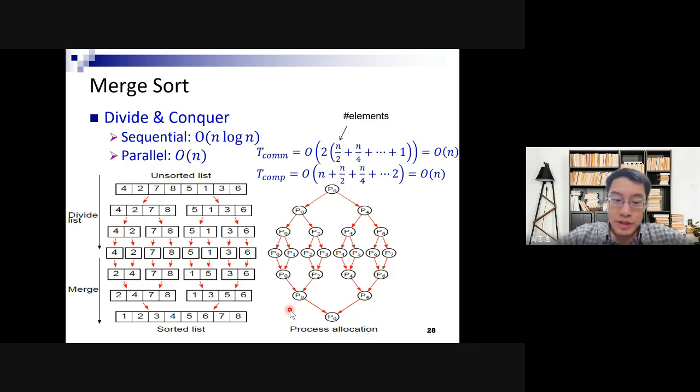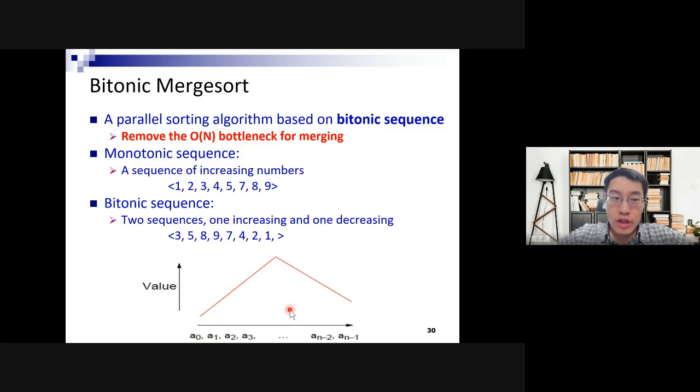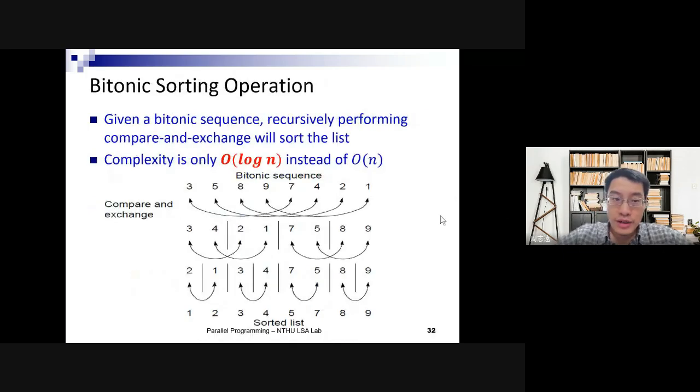Okay, so we introduced the bitonic merge sort, right? It's a special case, but if your problem satisfies this constraint, that the number of numbers you have is a power of 2, then for a bitonic sequence we can do a pairwise compare and exchange in order to sort those numbers in just log n steps.